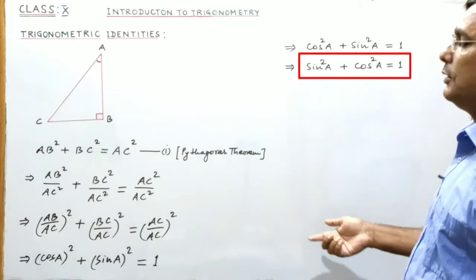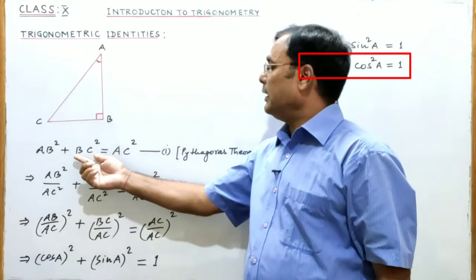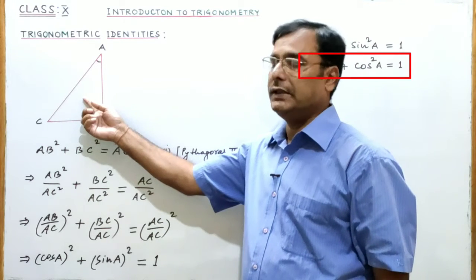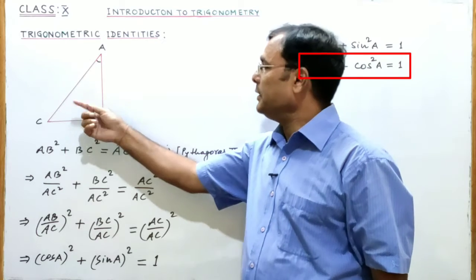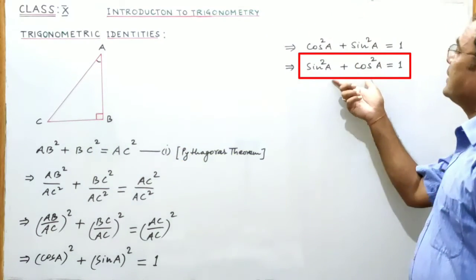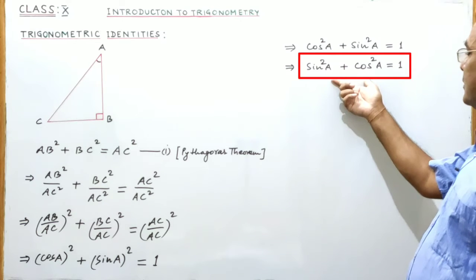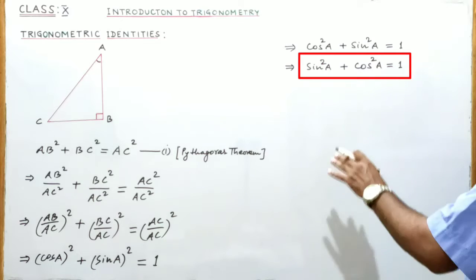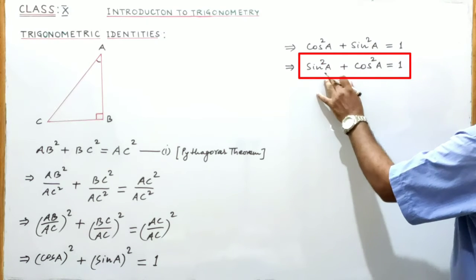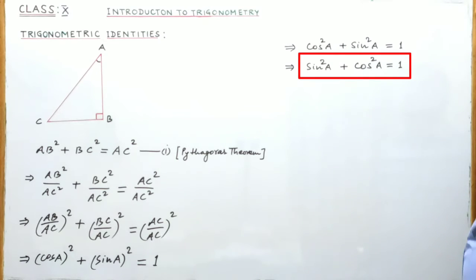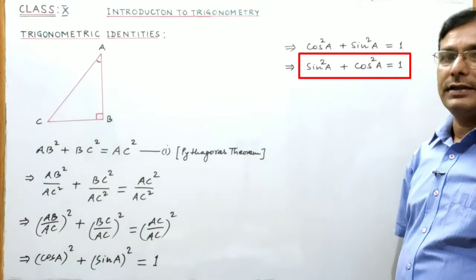We have got this from AB square plus BC square equal to AC square using Pythagoras theorem in this right angle triangle ABC for acute angle A. Now this relationship sin square A plus cos square A equal to 1 is true for all angles A between 0 and 90 degrees, including 0 degrees and 90 degrees.